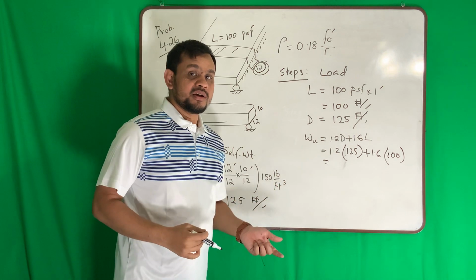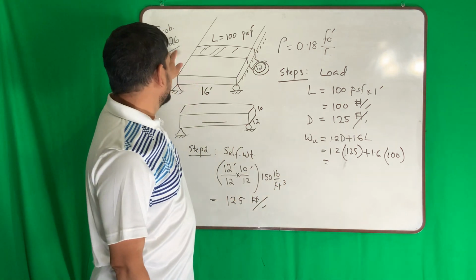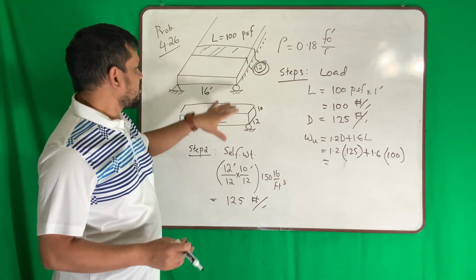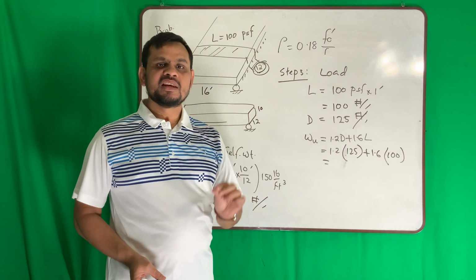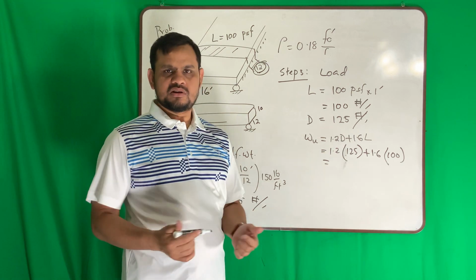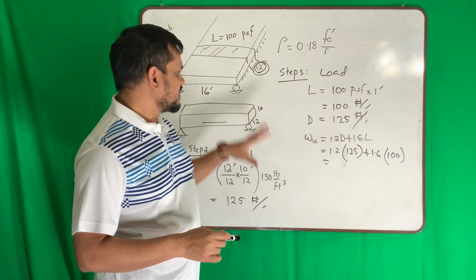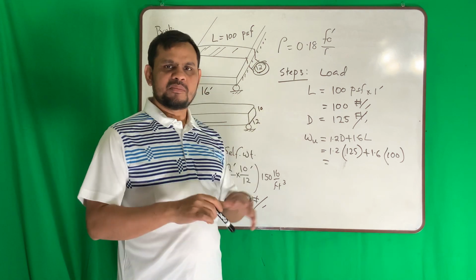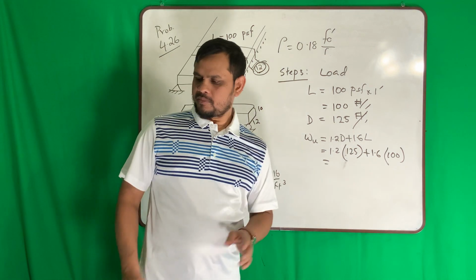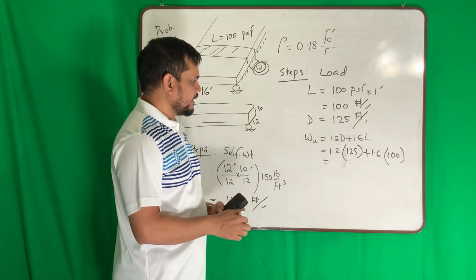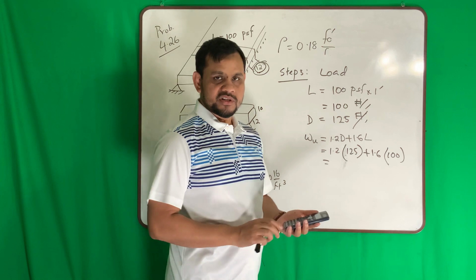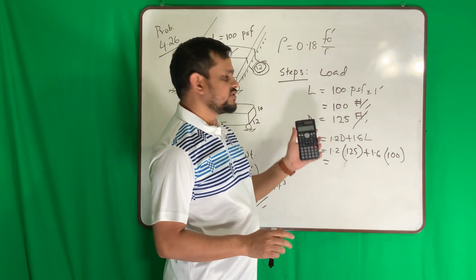Again, before I forget, in your book they told to solve this problem neglecting the h min criterion. But here I am not neglecting that h min criterion. You can neglect, no problem, that is up to you. If you neglect, there will be vibration. But I am doing this way.